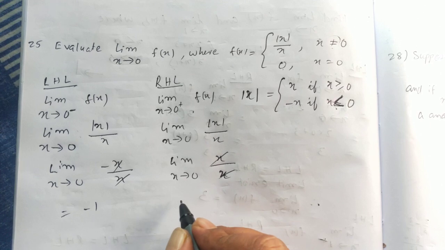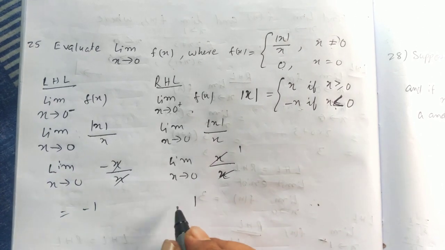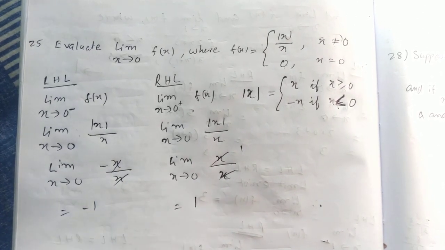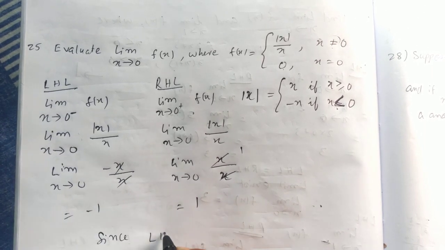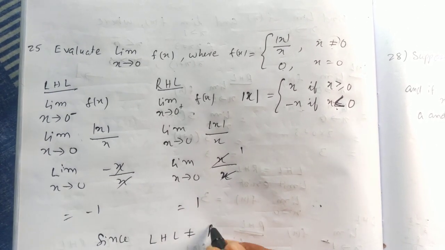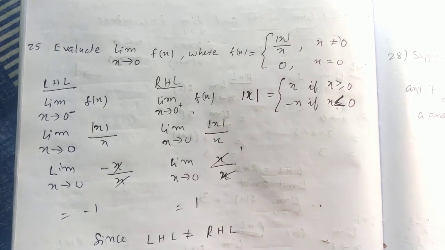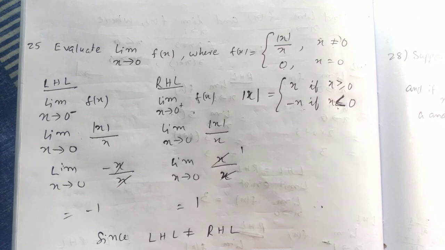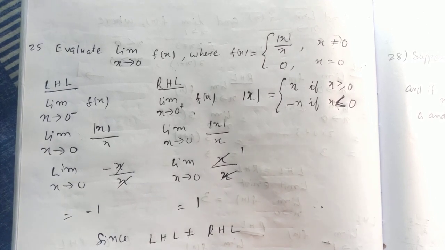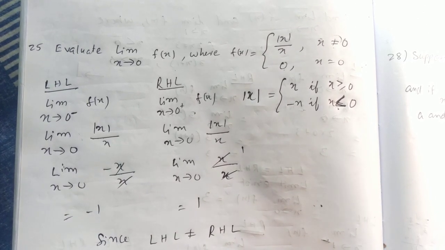If you cancel, we get 1, so the answer is 1. Here also the left hand limit and right hand limit are not the same. Since left hand limit is not equal to right hand limit, therefore the limit does not exist.